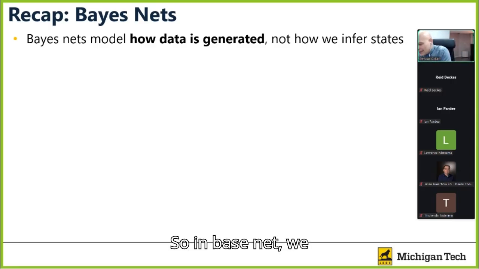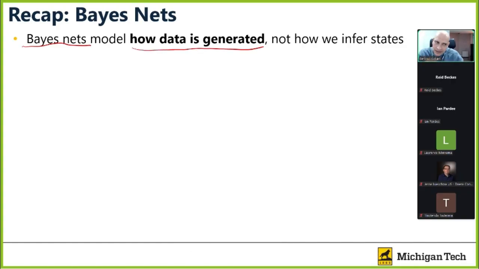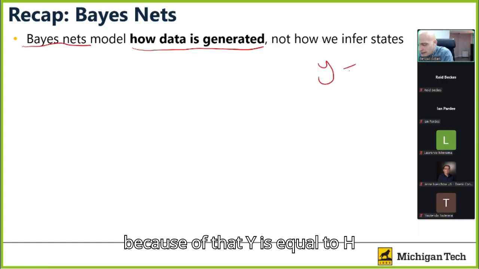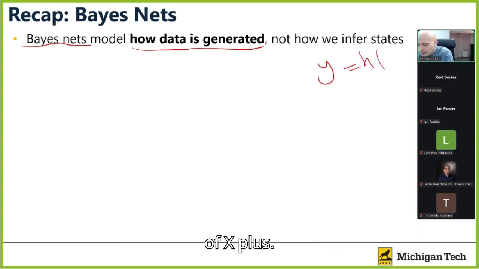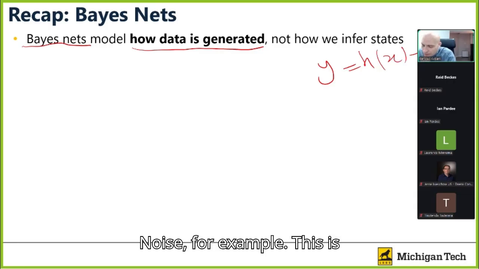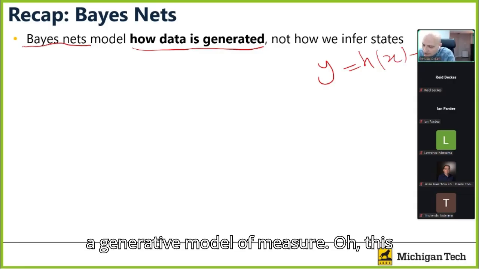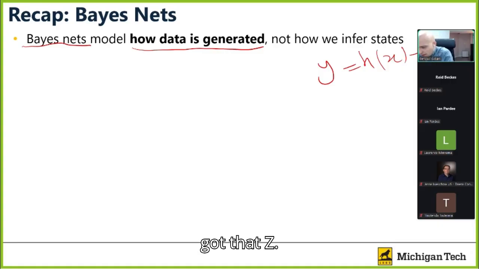So in Bayes net, it is good for a data model, because measurements are generative. So y is equal to h of x plus noise, for example. And this is a generative model of measurement, z.